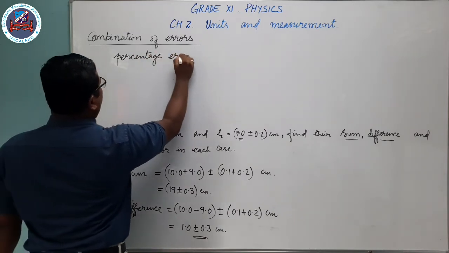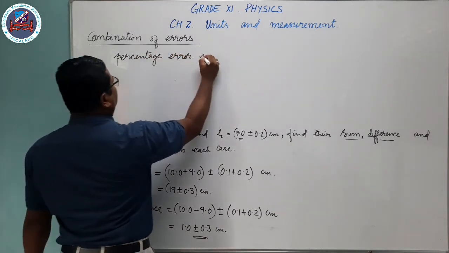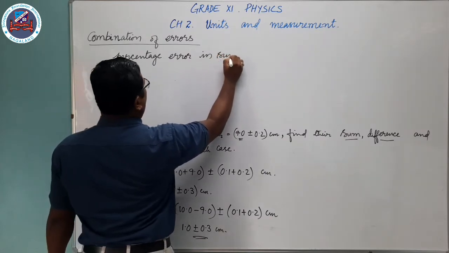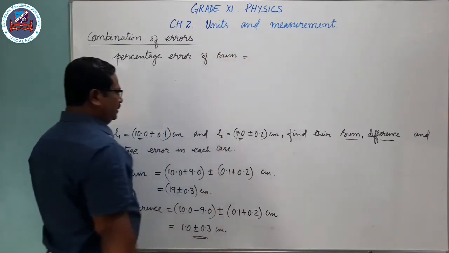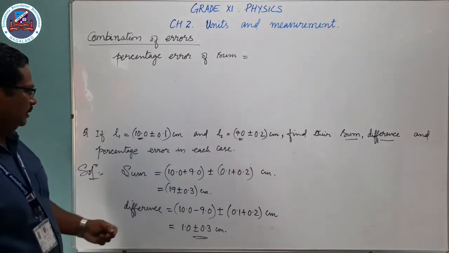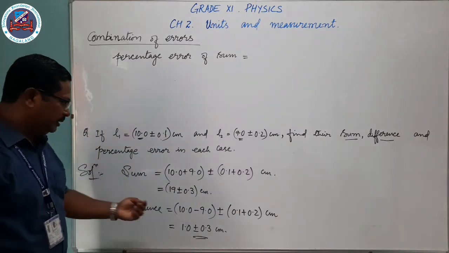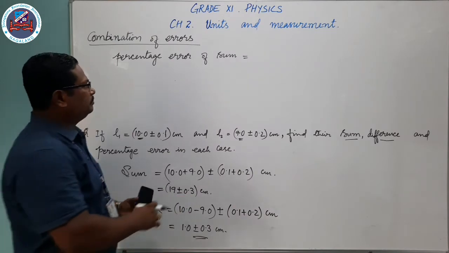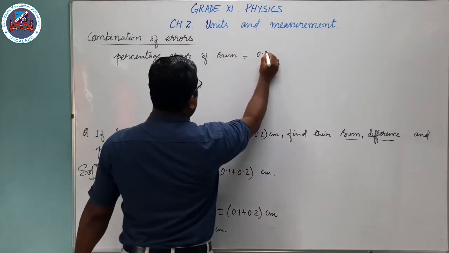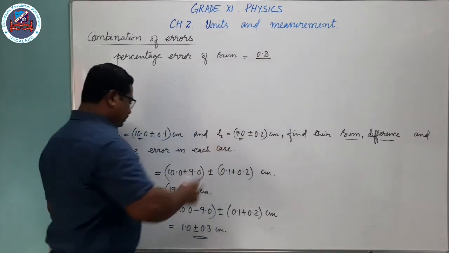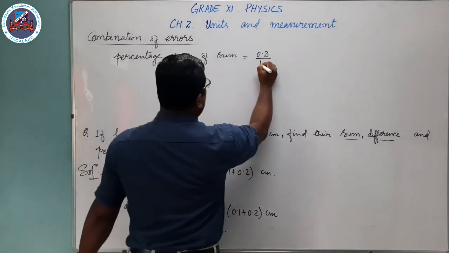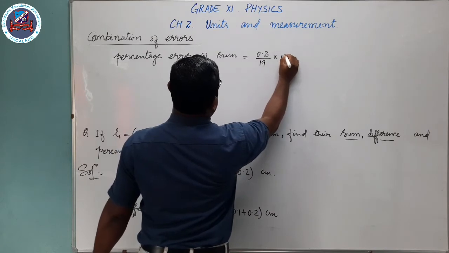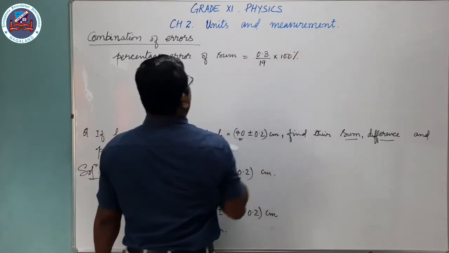Percentage error of the sum will be the absolute error of the sum, which is 0.3, divided by the true value, which in the sum is 19, multiplied by 100%.